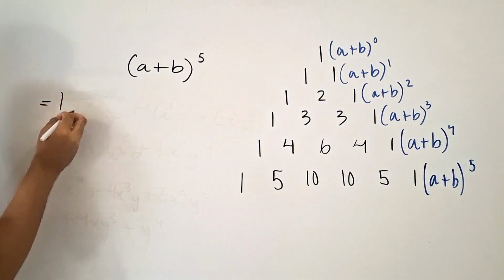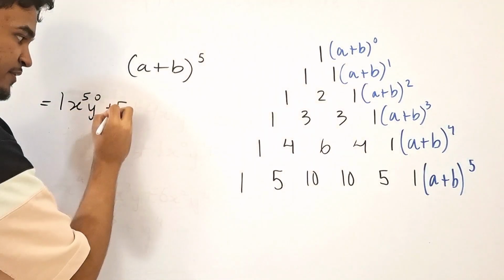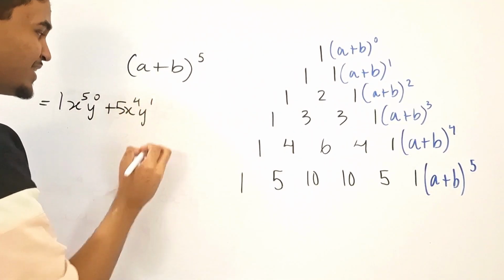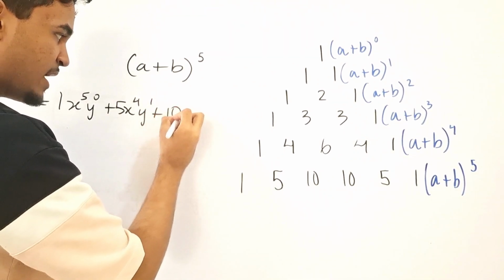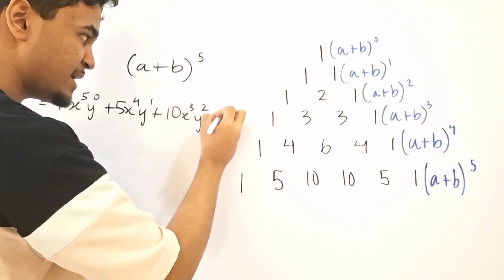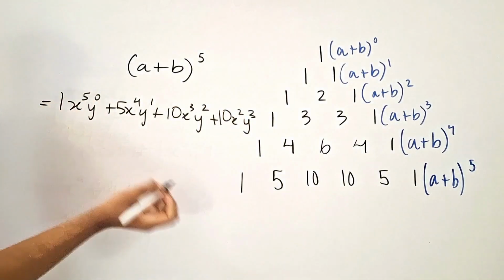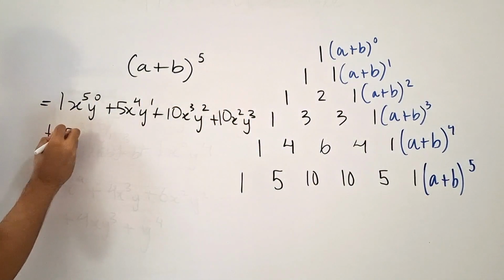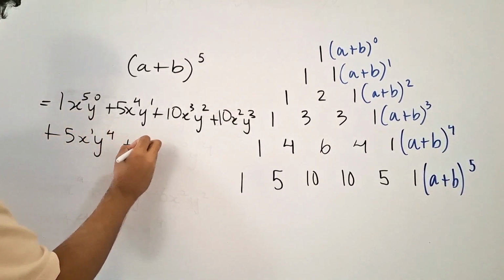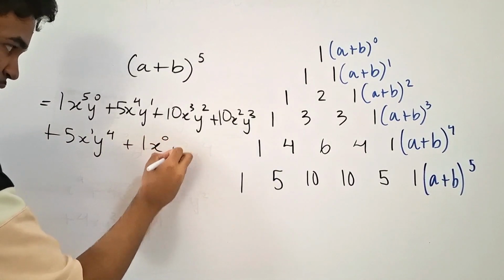The first one is 1, then x to the power of 5, y to the power of 0, plus 5 x to the power of 4 y to the power of 1, plus 10 x to the power of 3 y to the power of 2, plus 10 x to the power of 2 y to the power of 3, plus 5 x to the power of 1 y to the power of 4, and then finally 1 x to the power of 0 and y to the power of 5.